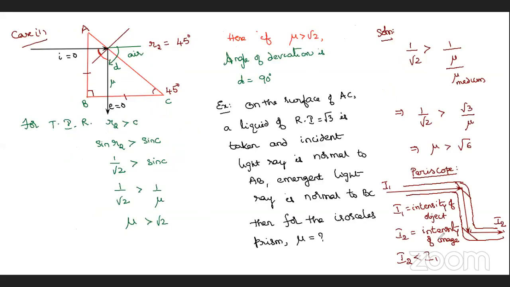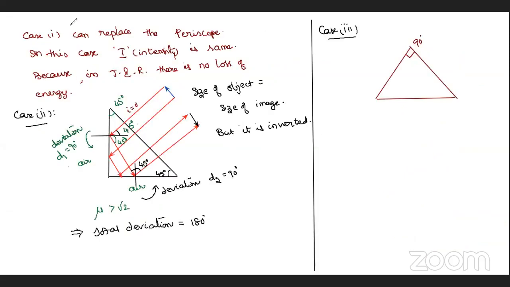But this time angle of incidence is not equal to 0, Nana. Means if I take the normal here, like this is the normal drawn to the surface. This time the light ray is, suppose, coming parallel to the base like this.